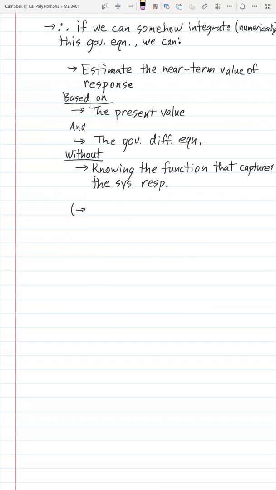We have a governing differential equation. So when we talk about a differential equation, remember, differential, derivative, we know something about the slope of what's happening. We don't know the underlying function for the system response, but we know something about that function's slope because we've captured it in the differential equation.